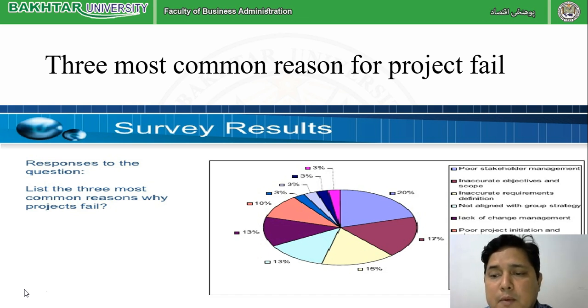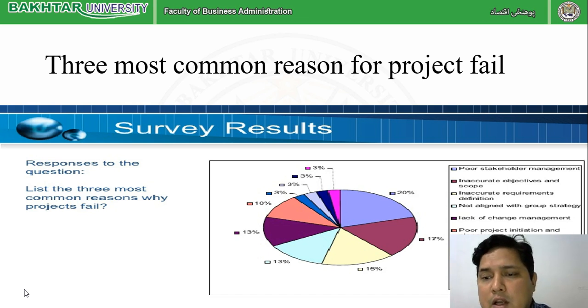It may be the land, the labor, the capital, the time, anything which may be required. It must be clearly defined. If changing is there, if confusion is there, if an inaccurate or inappropriate definition regarding the requirement is there, it is also the third major reason for project failure.